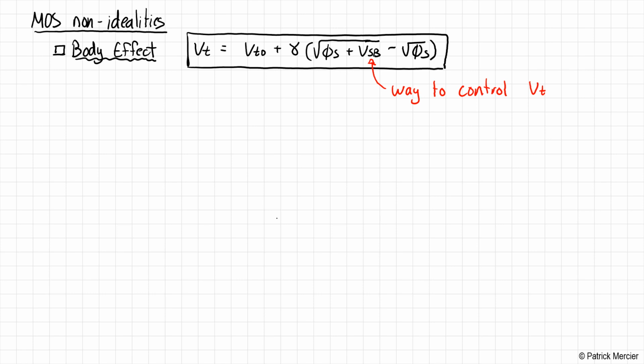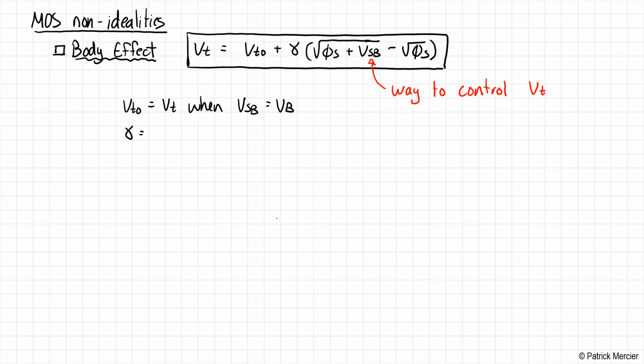All right, so let's just describe a few of these other things here. VT0 is equal to VT when VSB is equal to zero, so when there's no explicit bias applied across the device.